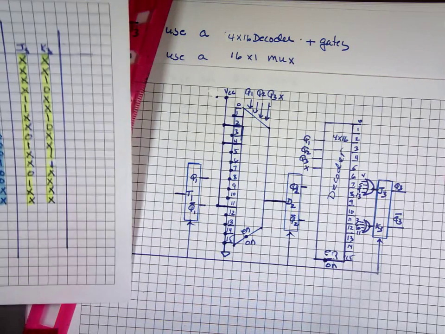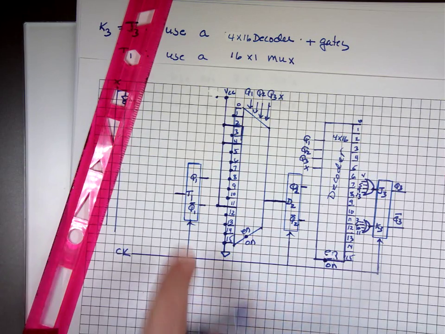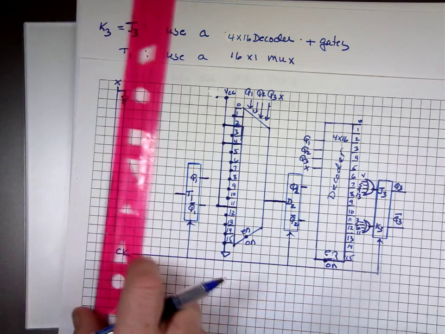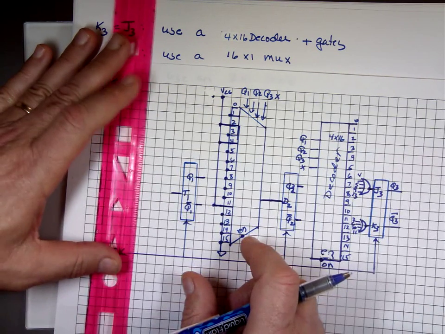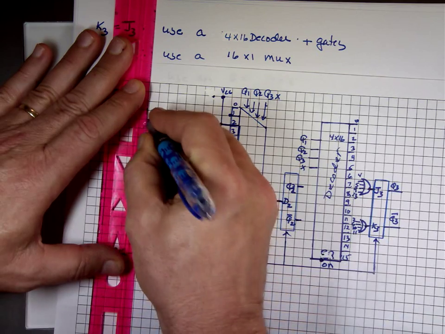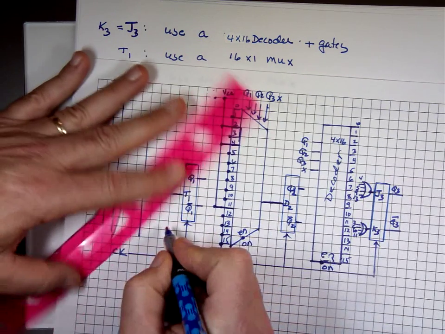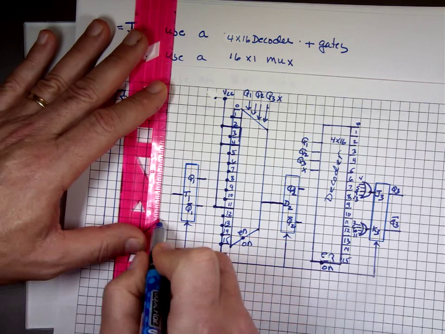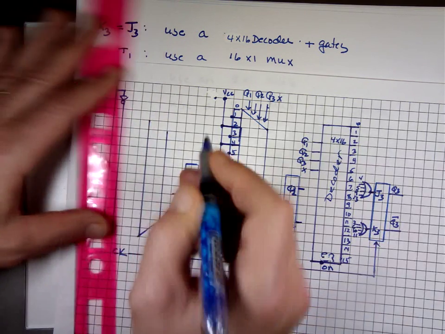Now for T1, I'm using 8 by 1 mux. So that's a smaller one. So that means I got to be creative. 3 inputs to it, 8 by 1. Maybe right here.